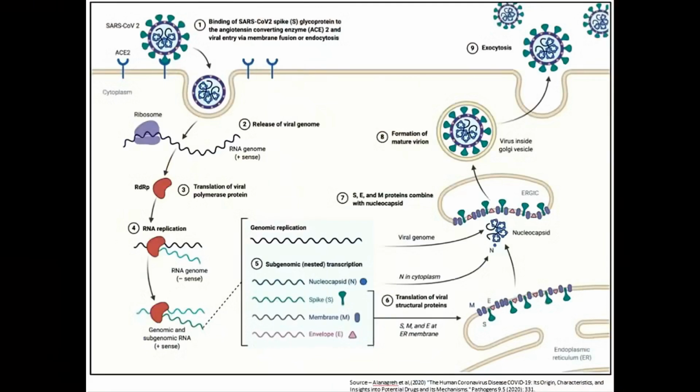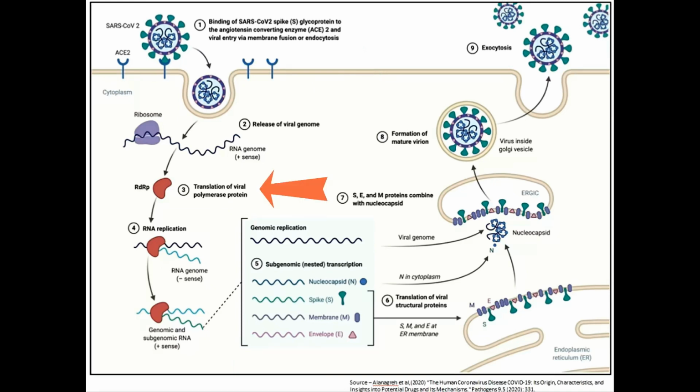In this diagram, the numbers indicate the steps in the life cycle of coronavirus. After the receptor binding in step 1, the virus gains access to the host cell cytosol through acid-dependent proteolytic cleavage of the S protein. In step 2, there is fusion of the viral and cellular membranes.